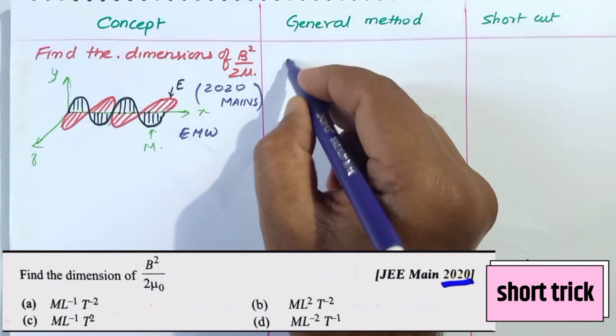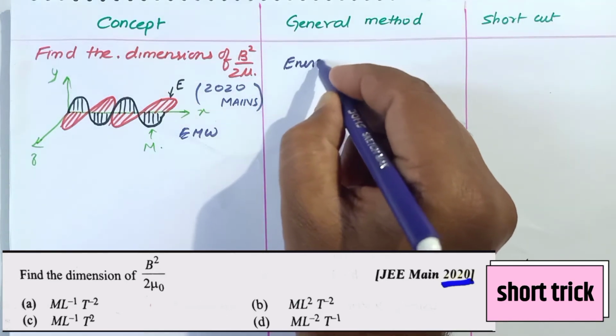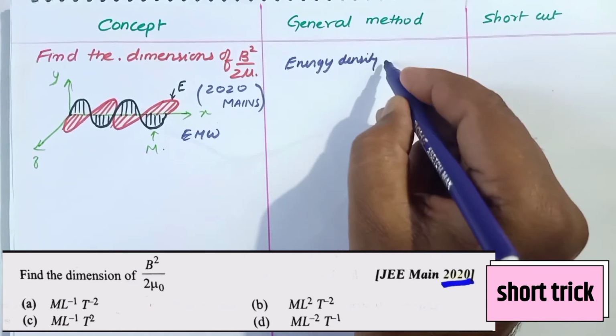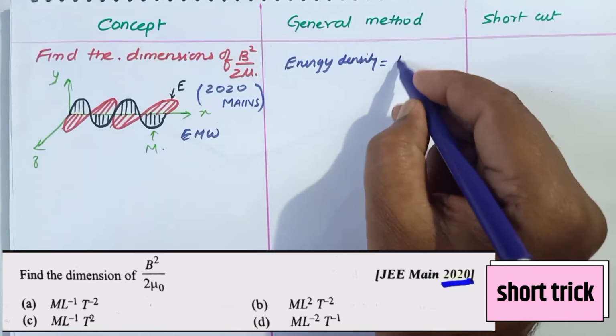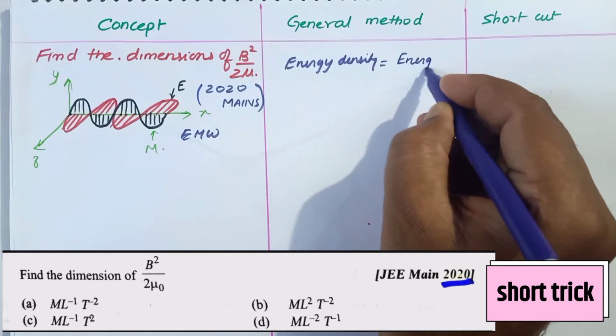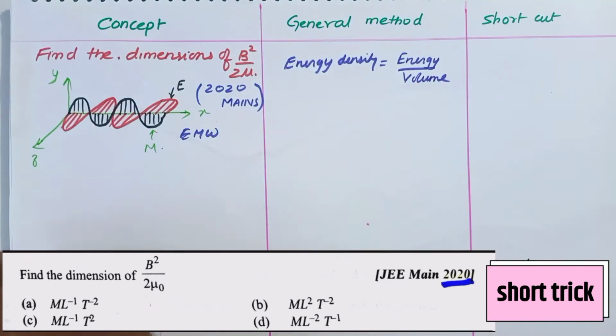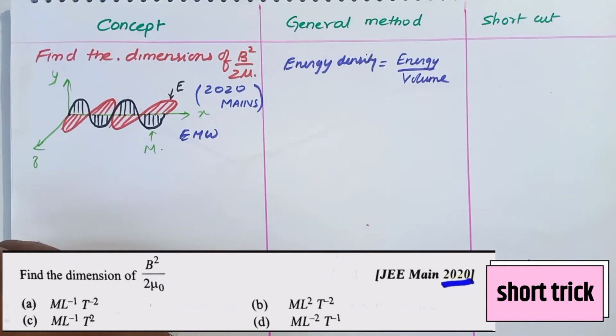Okay, so what is the meaning of energy density? Energy density is nothing but energy by volume. Energy density formula is energy per unit volume. Just like density is equal to mass by volume, here energy density means energy by volume.